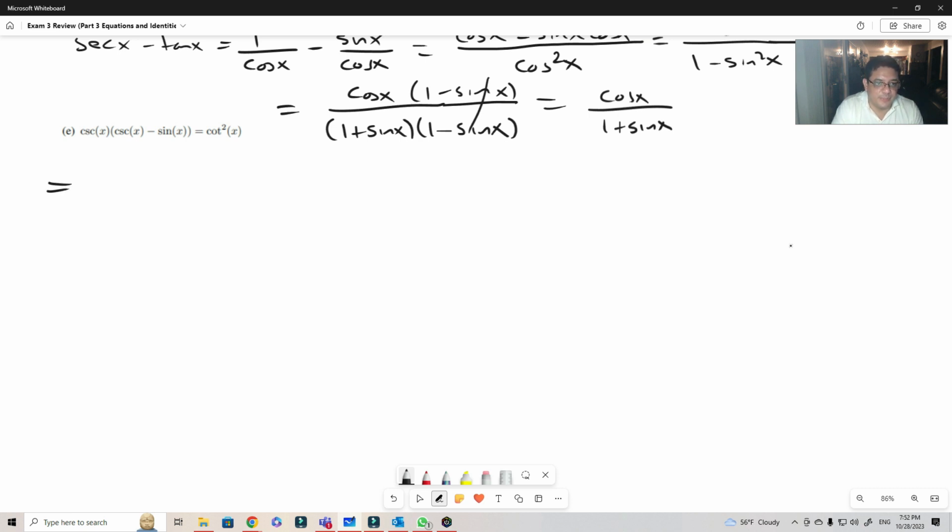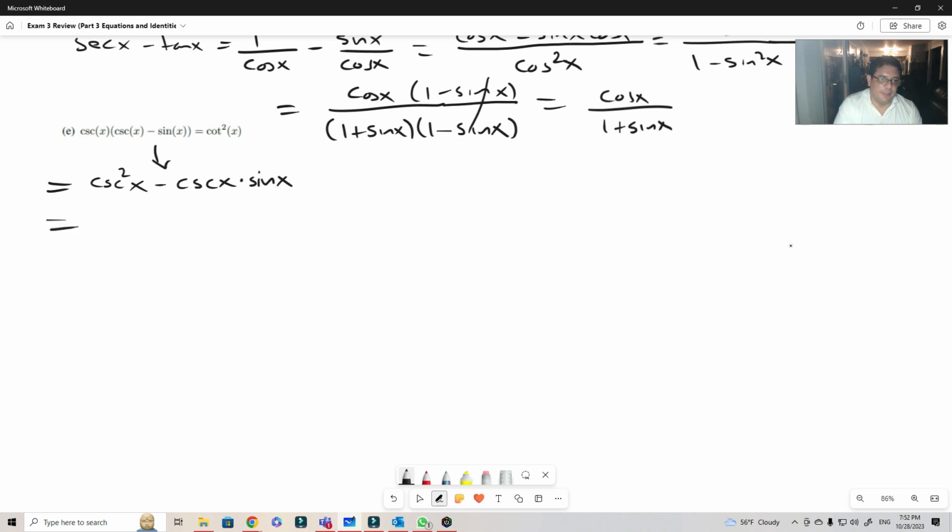But since I see cotangent square, I'm going to first multiply this and distribute this. Remember that cosecant is 1 over sine, so I got the impression that this is going to cancel with this. So I'm going to get cosine square of x minus cosecant of x times sine of x.